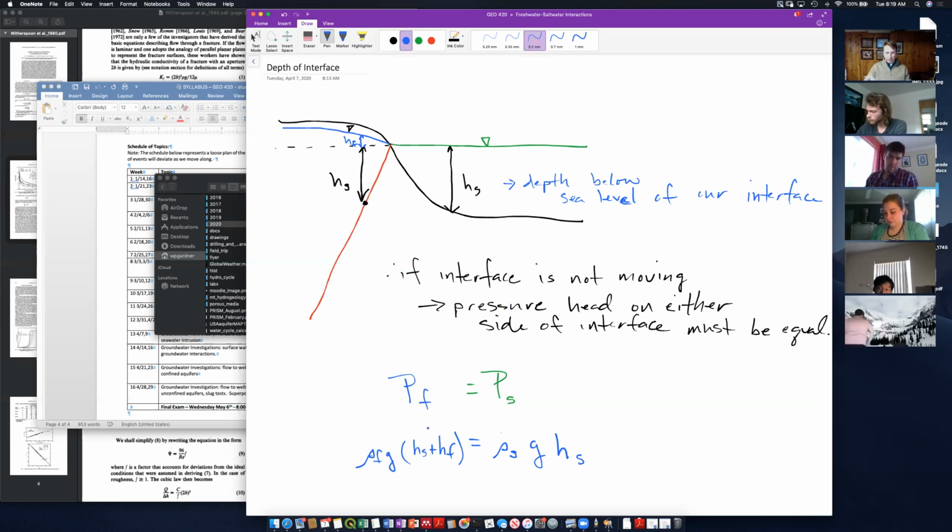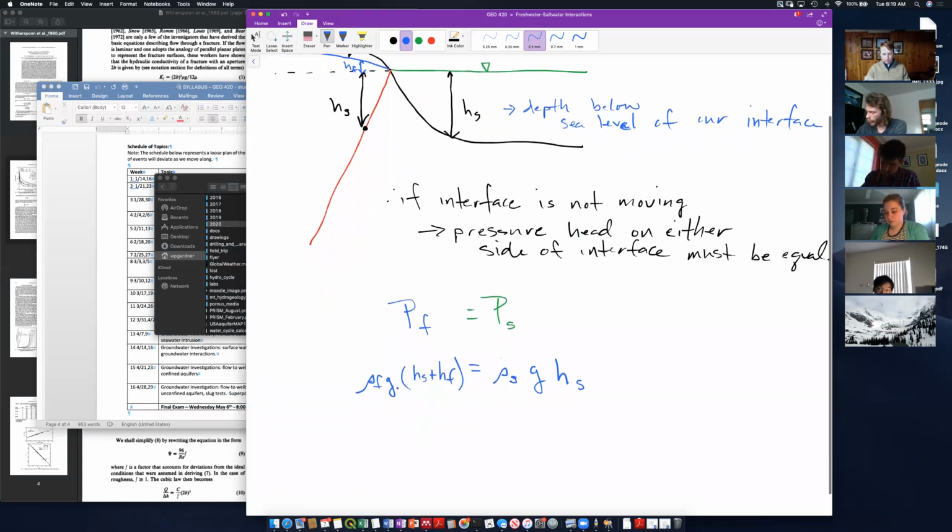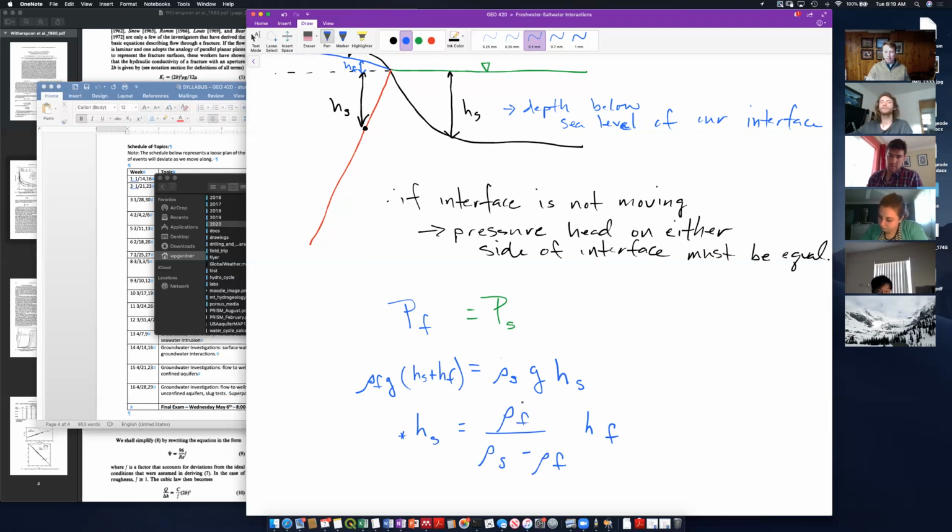Okay, so I can solve for H sub S here. That gives me H sub S is equal to rho sub F over rho sub S minus rho sub F times H sub F. All right, so this equation allows me to look at the depth of the saltwater interface given the height of the freshwater above sea level.